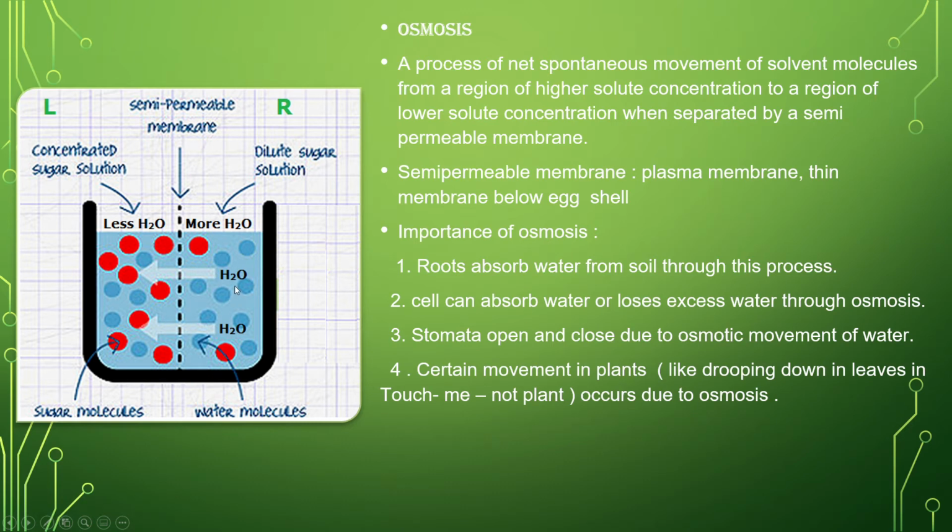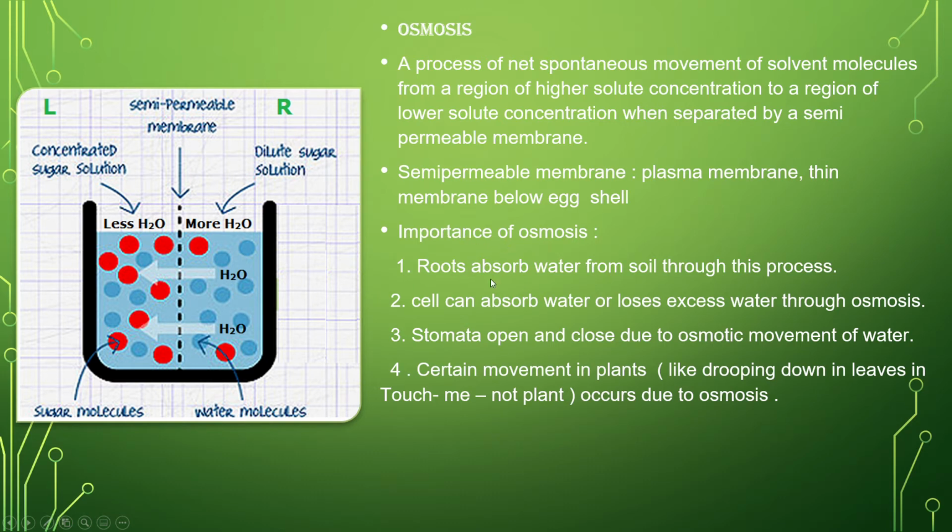Osmosis is a process in which the solvent, which means water, moves from lower solute concentration to higher solute concentration, as you can see by the arrow. This process is called osmosis, and it always occurs when two different solutions are separated by a semi permeable membrane.